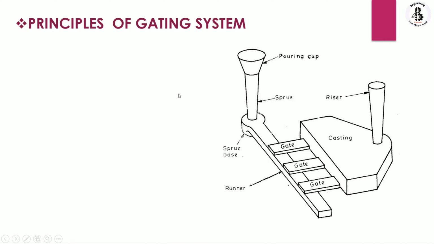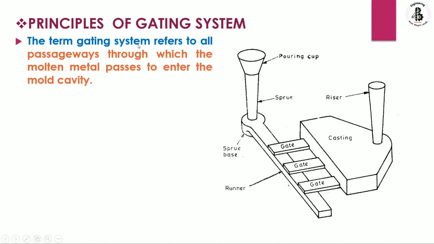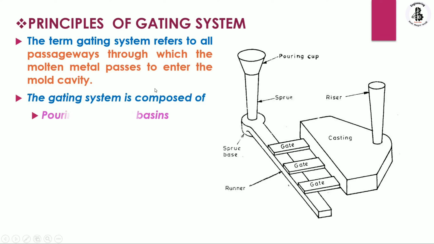So you can see the term gating system refers to all the passageways through which the molten metal passes to enter the mold cavity. That channel, or you can say the sprue, runner, and riser arrangement, is basically the principle of the gating systems. The gating system is composed of the pouring cup and basin, secondly the sprue, then the runner, then the different gates as per my requirements, and risers.